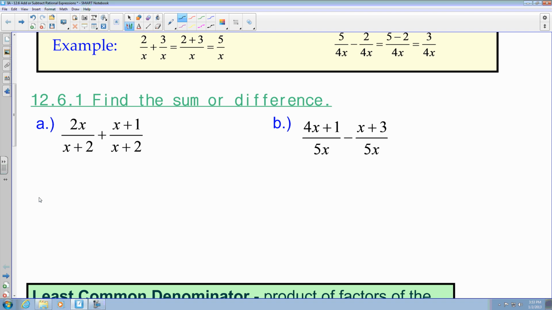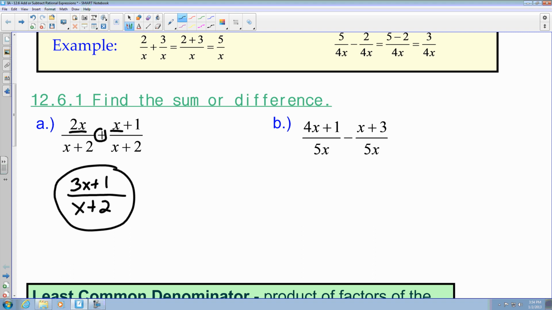So I know for a fact that the denominator is going to be x plus 2. Now I'm going to look at like terms. I have 2x and I have an x, and I have addition, so it's 2x plus x, which gives me 3x. Nothing attaches to the 1, so it's just plus 1. So my answer here is 3x plus 1 over x plus 2.